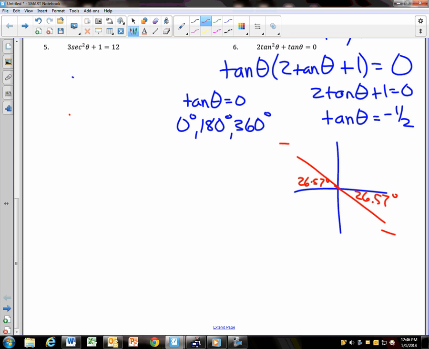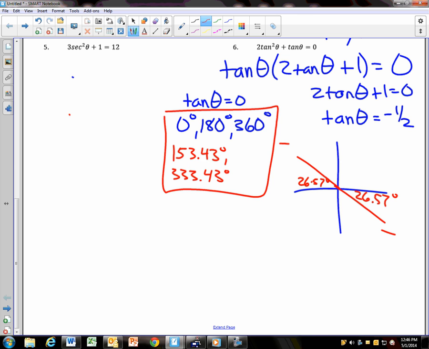Subtract from 180, very good, and we get 153.43 degrees. And then subtract from 360, 333, excuse me. So you've got 5 solutions here. So we've seen some problems with 2 solutions, some problems with 4, some problems with 5.